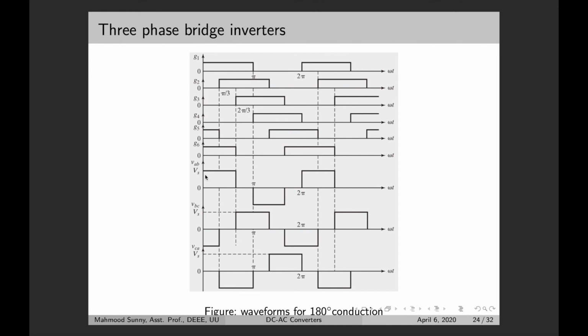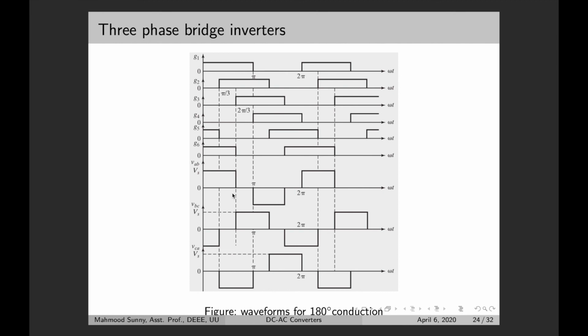So if we look at the output line-to-line voltages, VAB, VBC, and VCA. VAB would be maximum, and it would be for 120 degrees. Then VBC would be maximum positive, and it would be for the next 120 degrees, and VCA would be the next one.